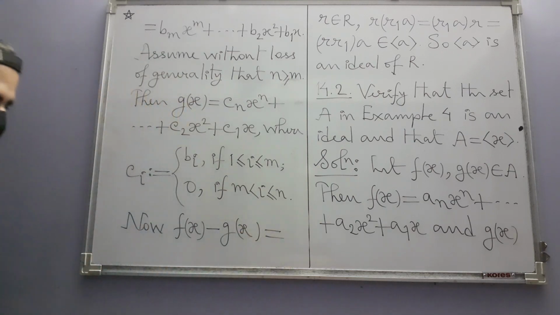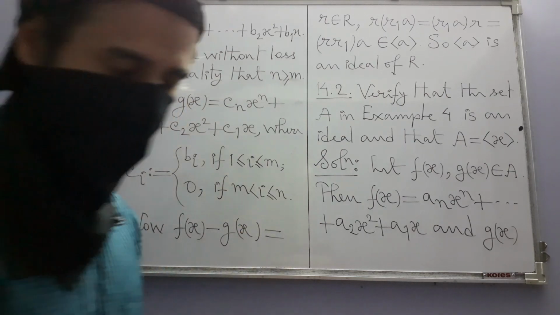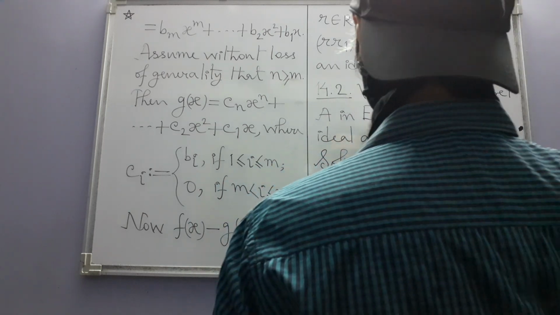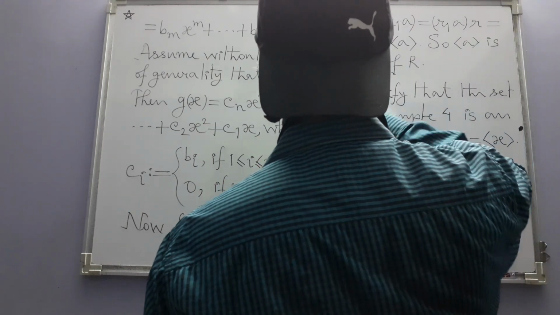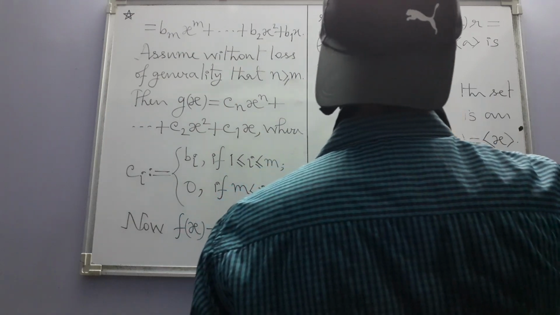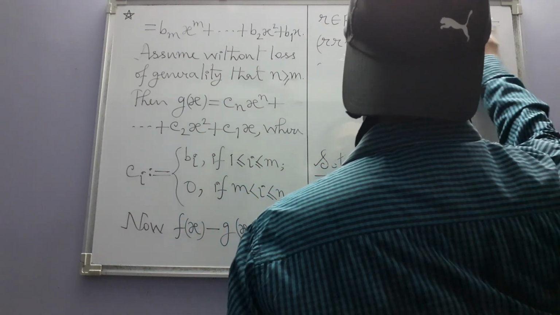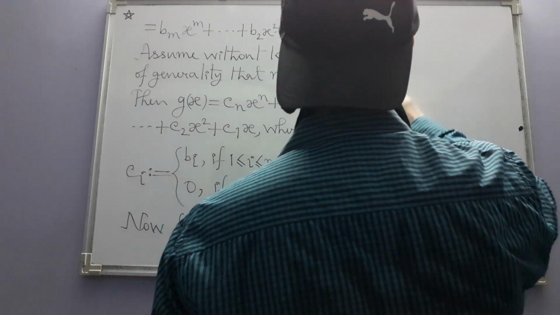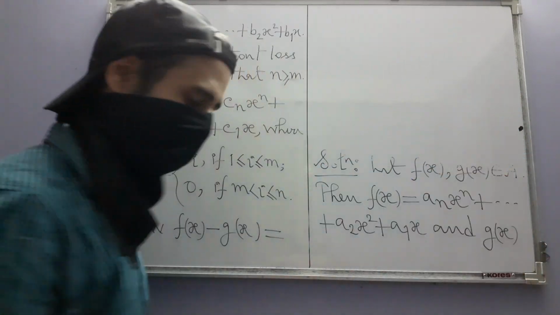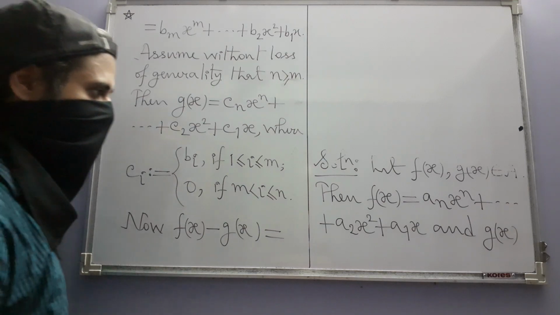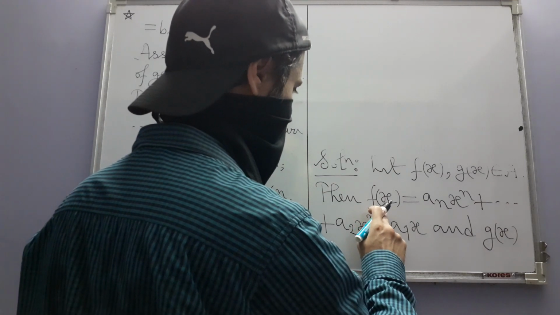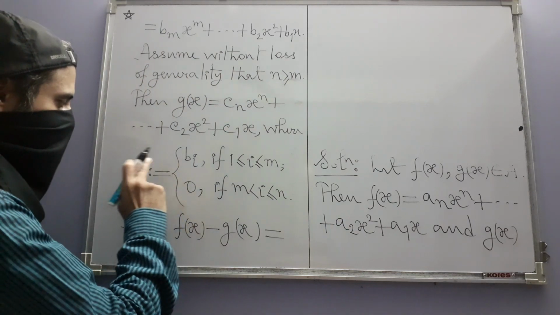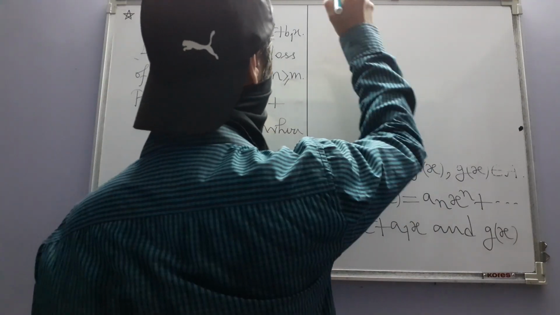So f of x minus g of x will be this. So the f coefficients are what they are, the ai's, and the new g coefficients are the ci's.